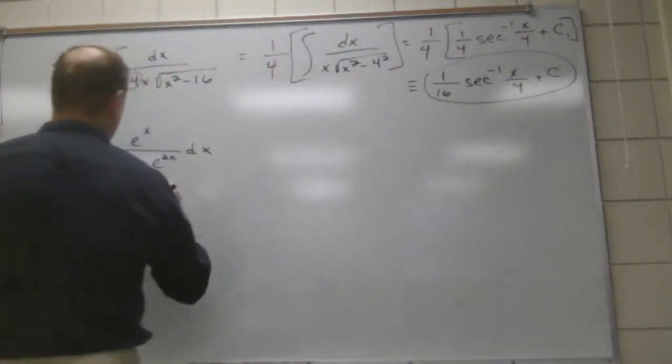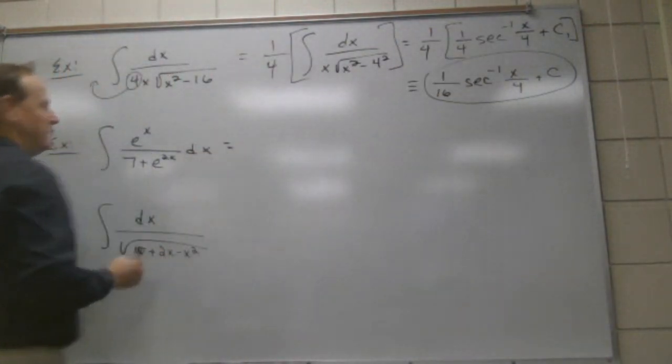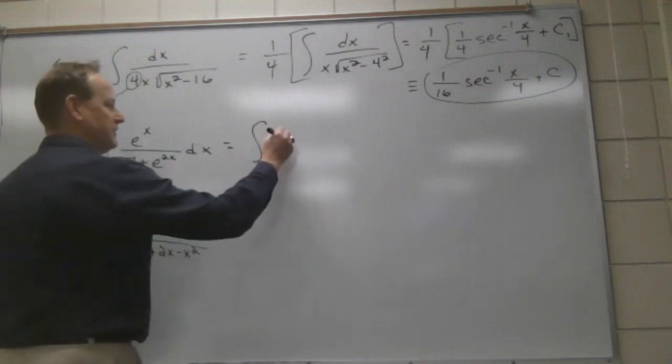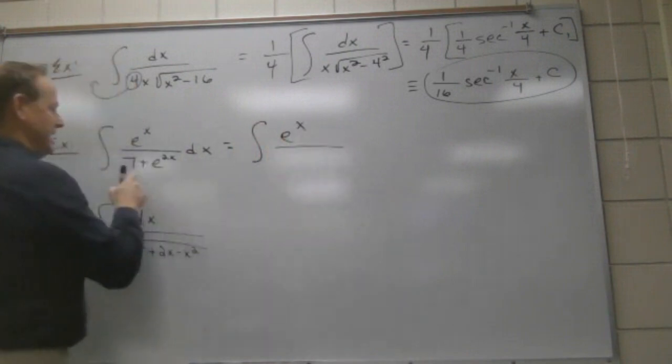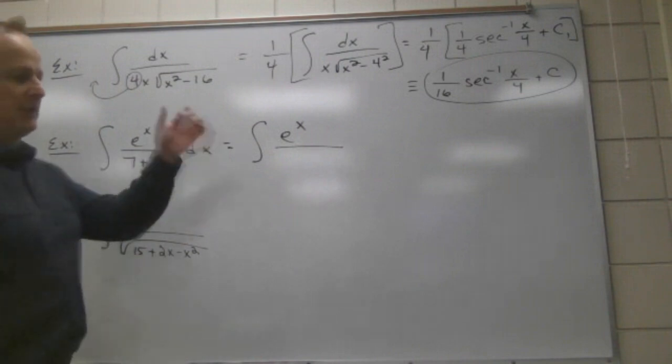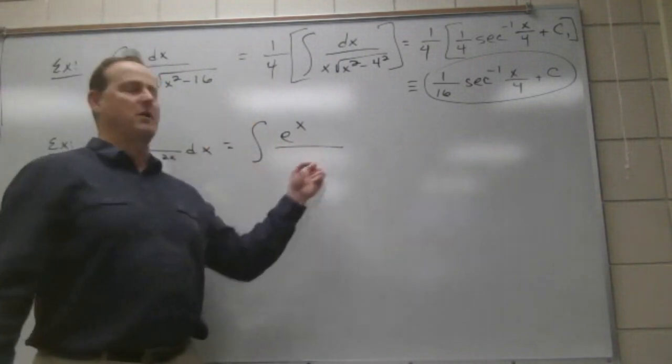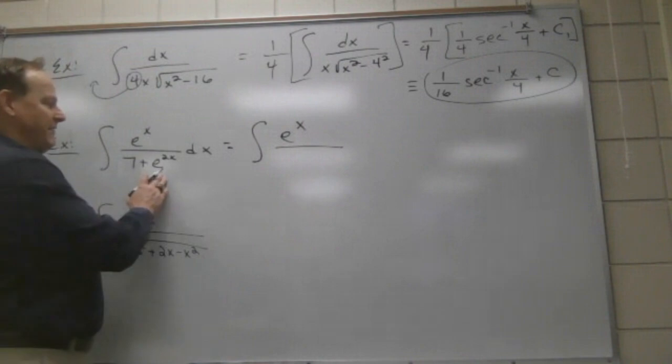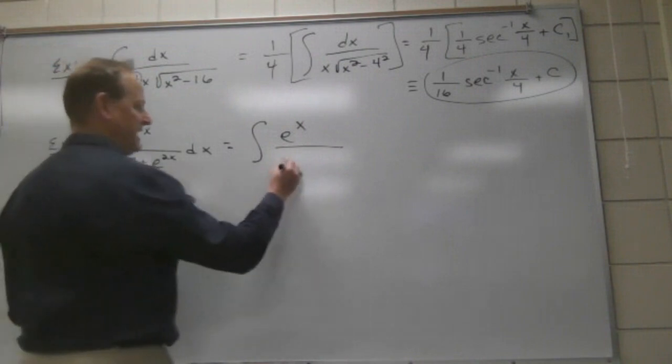So let's try and rewrite this a little bit differently. If we do that, we're going to have the antiderivative of e to the x, and then really what arctangent is, we've got a squared plus x squared, right? Well, we don't have an x down here, but we do have an e to the x.